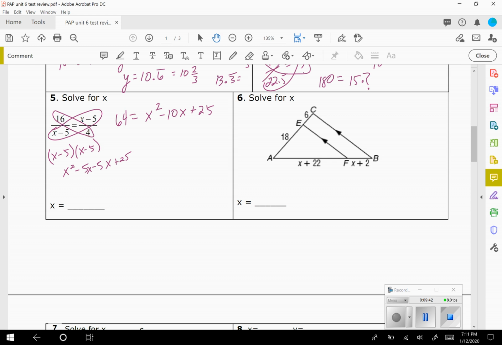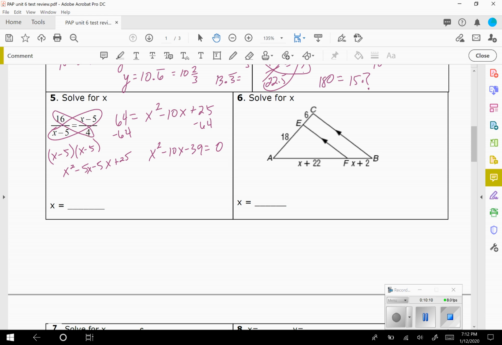Okay. We need to get this set equal to 0. So take away 64. 25 minus 64 is negative 39. So you have x squared minus 10x minus 39 equals 0. Okay, so this is the part where we have to find two numbers that multiply to negative 39, but then when we add them, we get negative 10.